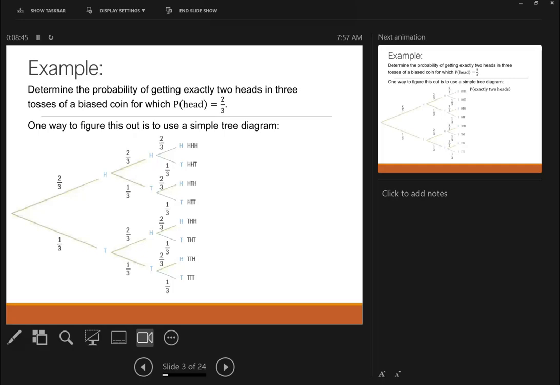So to figure out the probability of getting exactly 2 heads, I need to look at all 8 of these outcomes and see which ones give us exactly 2 heads. I see 3 of them, right? Heads, heads, tails; heads, tails, heads; and tails, heads, heads.